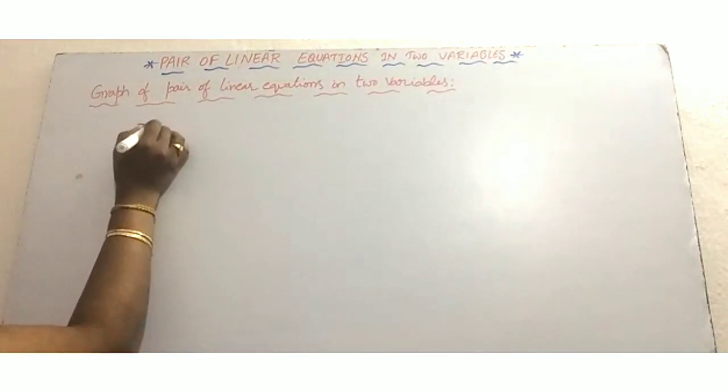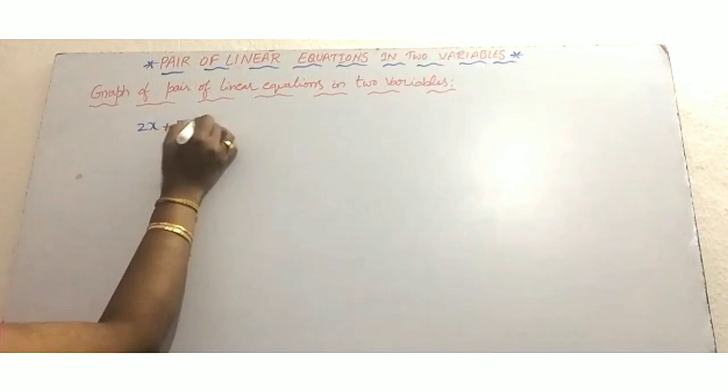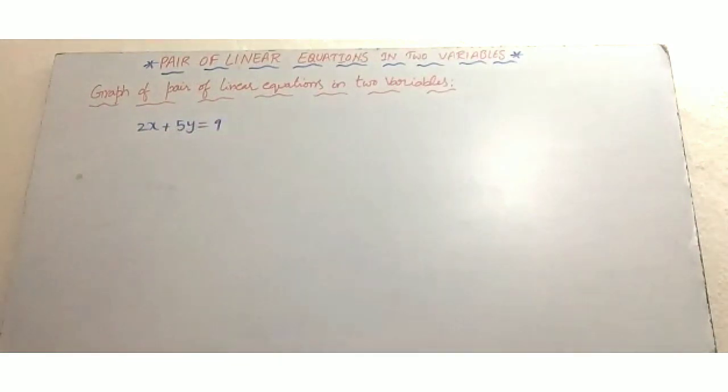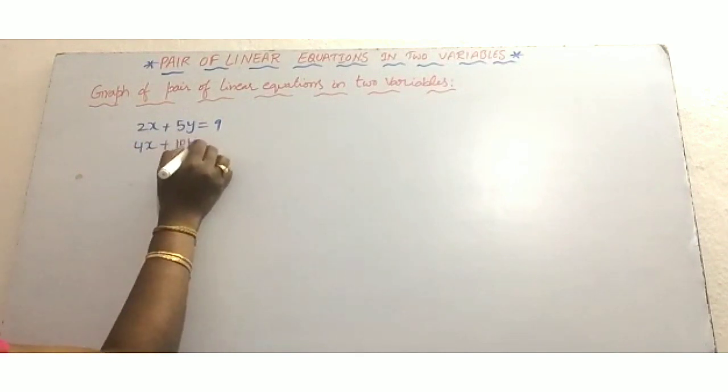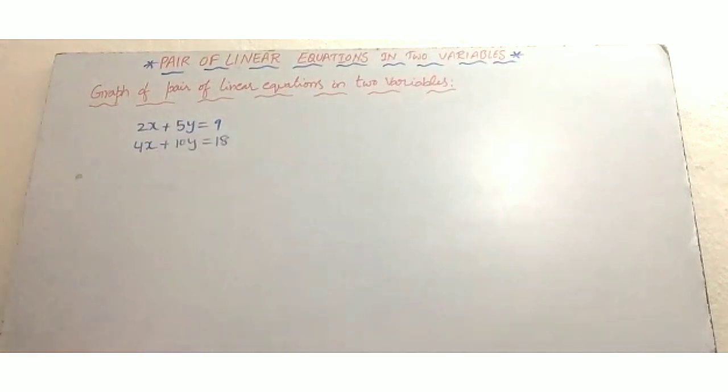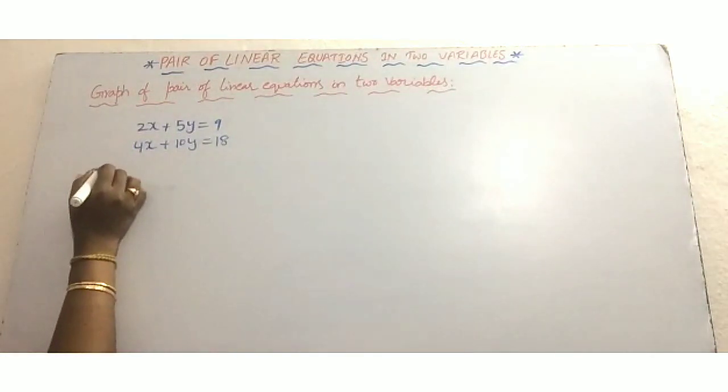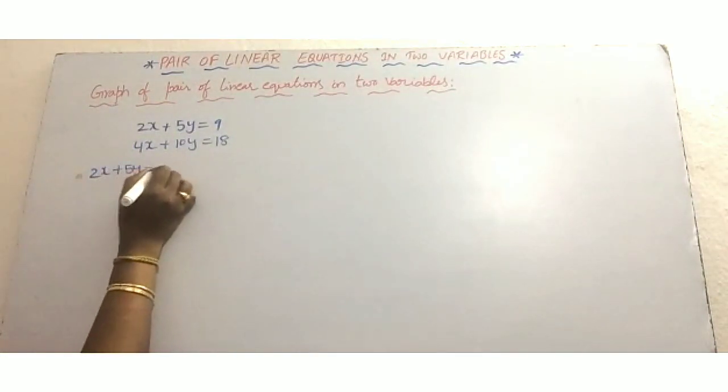First one is 2x plus 5y equal to 9, and second one 4x plus 10y equal to 18. So first one, 2x plus 5y is equal to 9.